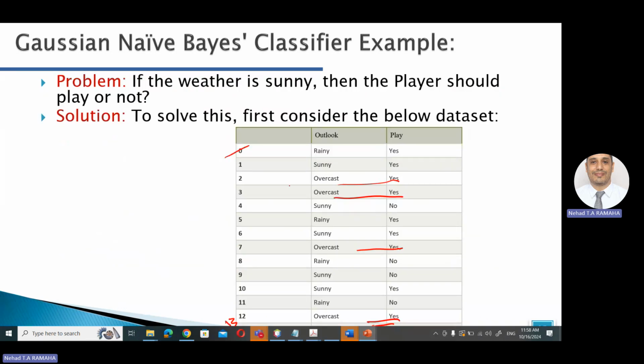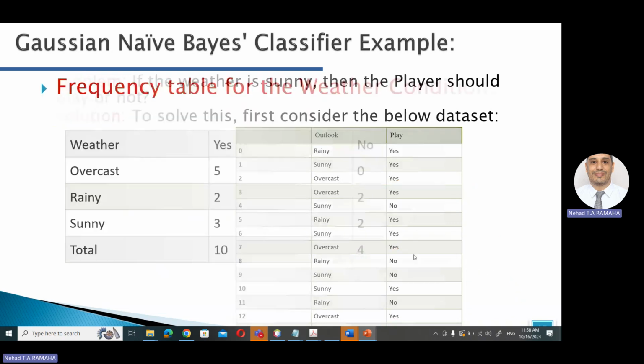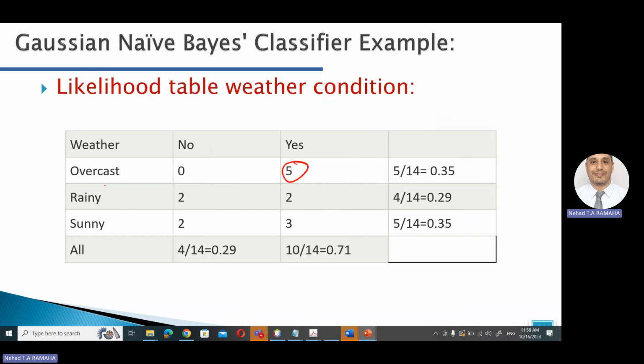So how many overcasts? We have 5, divided by the total number, 14. Rainy, we have 4 divided by 14. And sunny, we have 5 divided by 14. So these are the probabilities for overcast, rainy, and sunny.